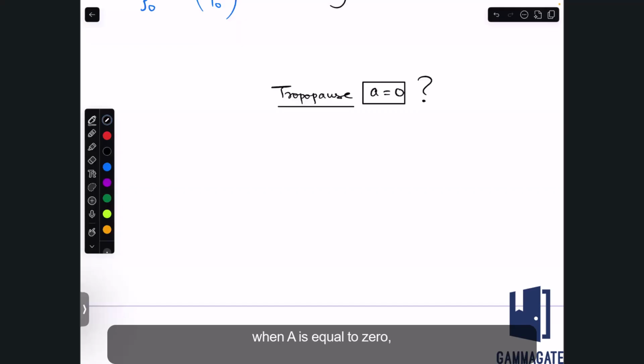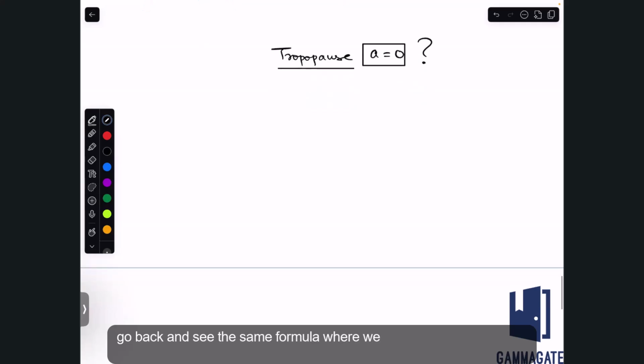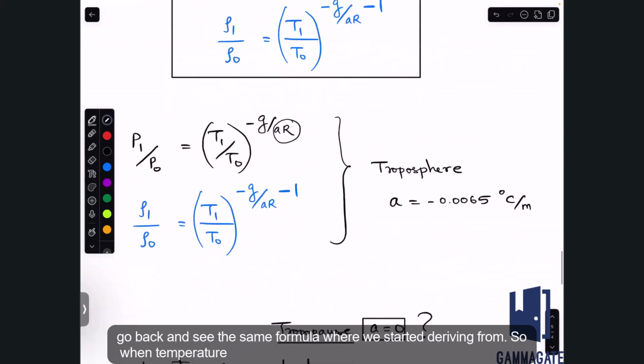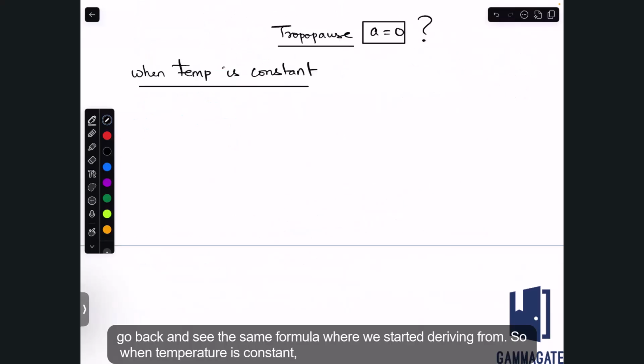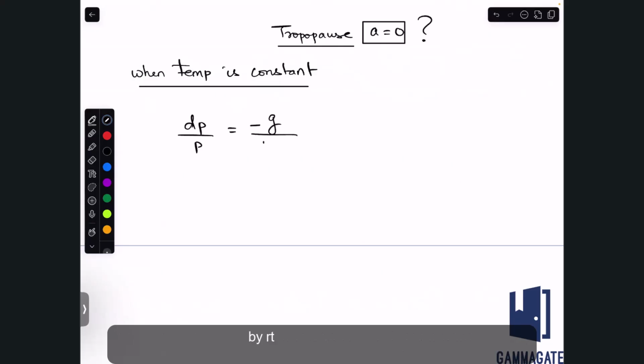When a is equal to 0, let's go back and see the same formula where we started deriving from. When temperature is constant, I know that dP by P is equal to minus g by RT times dh.